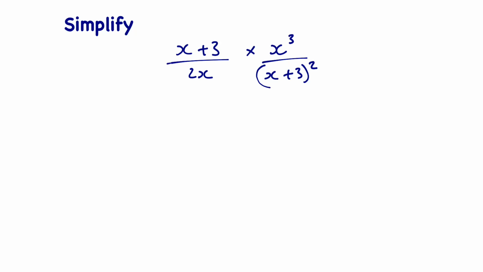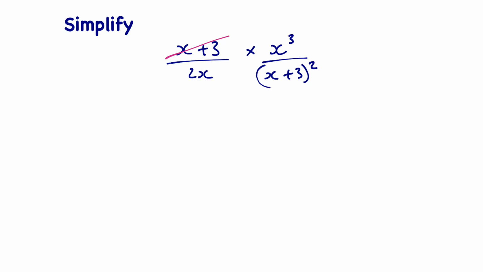Let's have a look at this one. So the fraction to simplify is x plus 3 divided by 2x multiplied by x cubed over x plus 3 all squared. So if I look to cancel first, I can see that I have an x plus 3 and an x plus 3 all squared in the bottom, so I can cancel out one of these with one of these.